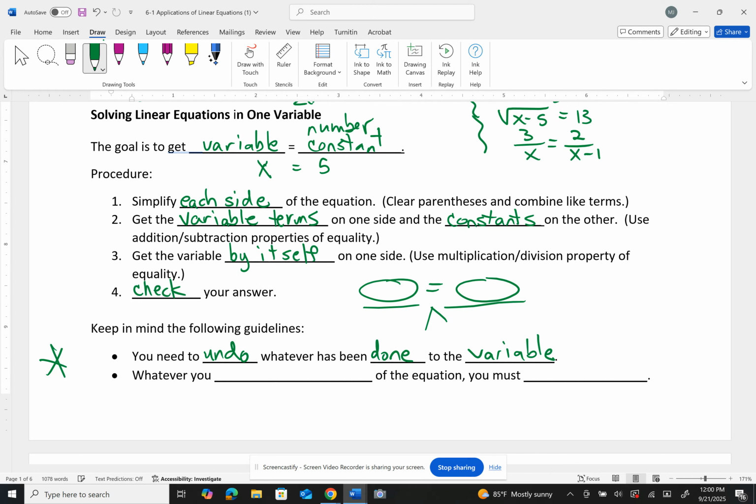Okay, so for instance, if our equation was that 2m plus 13 equaled 50, then we'd be trying to undo adding 13 and also undo multiplying by 2. Okay. The other guideline to keep in mind is that whatever you do to one side of the equation, you must do to the other. And that's because of the meaning of the equal sign. You need to make sure the two sides are going to still be equal to one another.